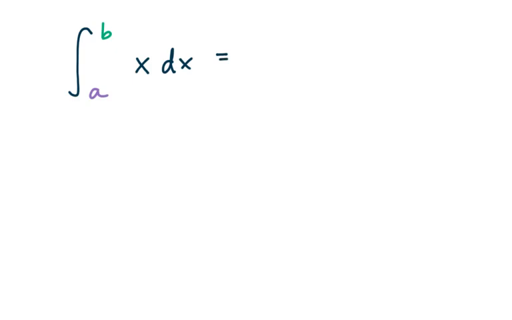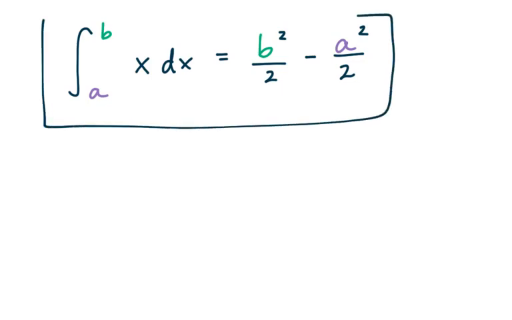What that is always going to be equal to is b squared over 2, because that was my antiderivative, minus a squared over 2.